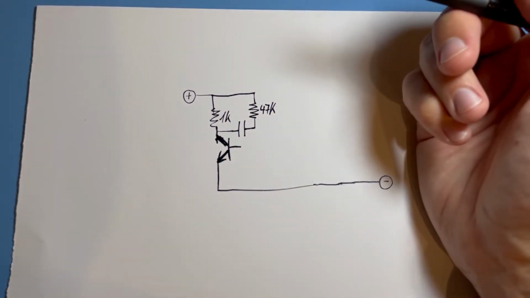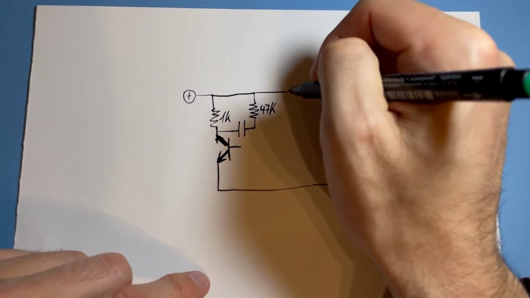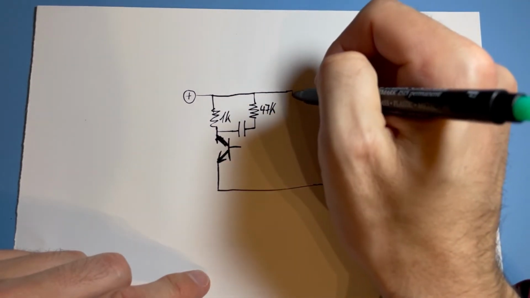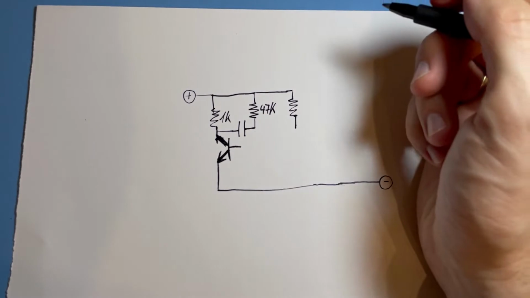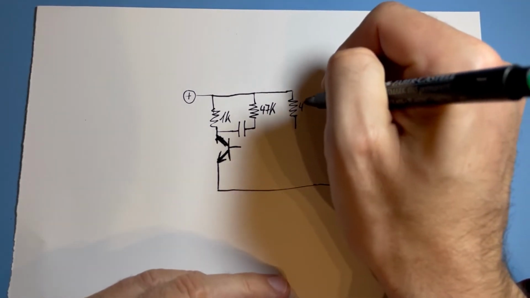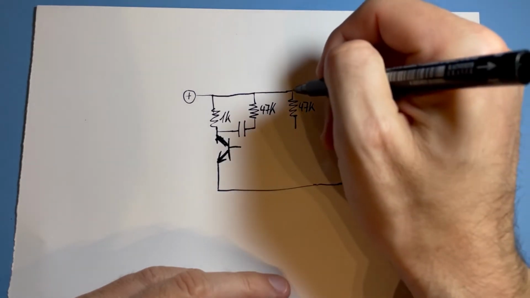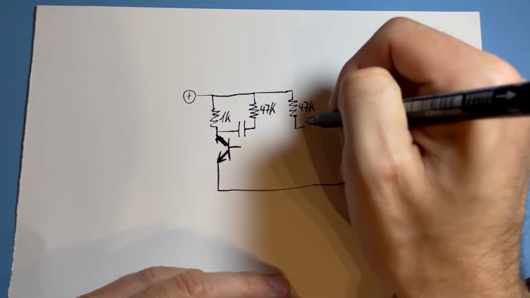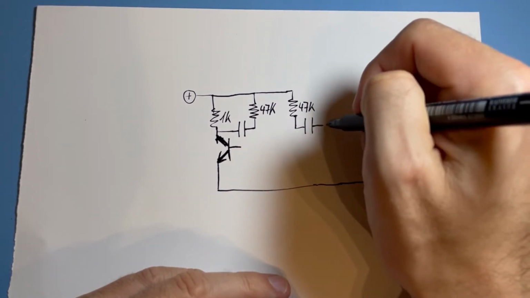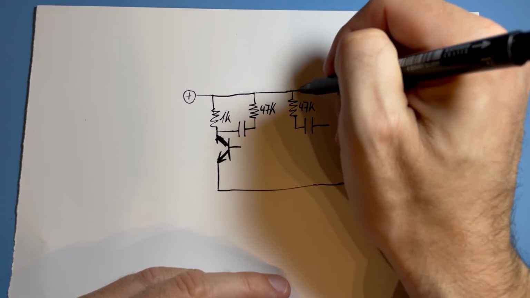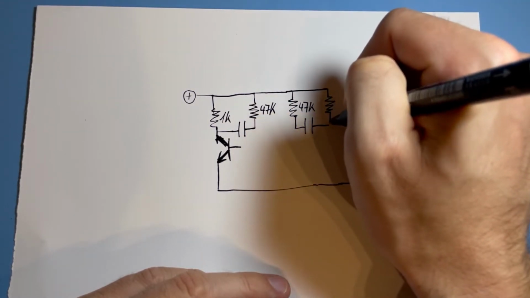And what we then have is a quite symmetrical situation. We have here again another 47K resistor and another capacitor and another 1K resistor.